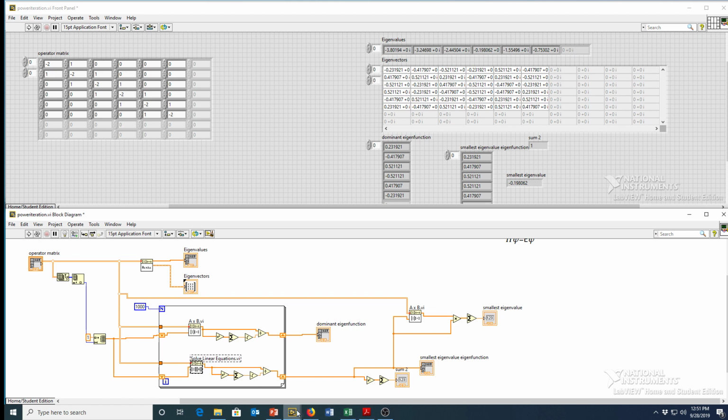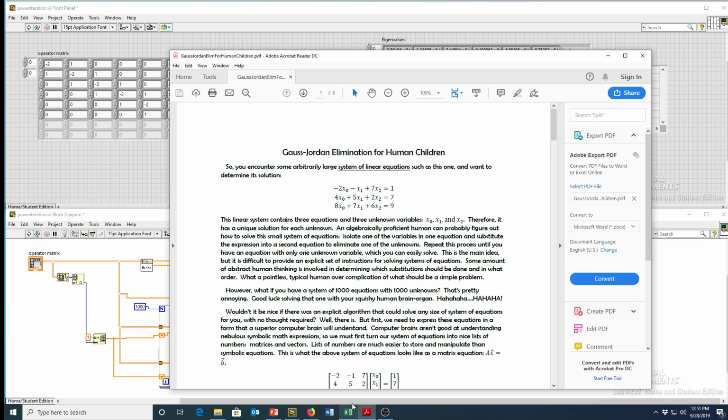And the way you solve these linear equations is using something called Gauss-Jordan elimination, followed by a process called back substitution. So let me explain what this means.